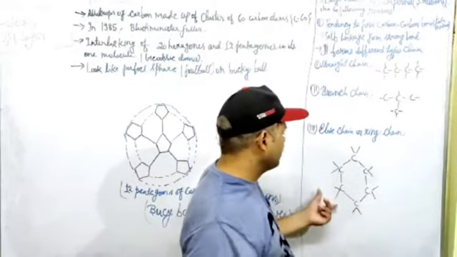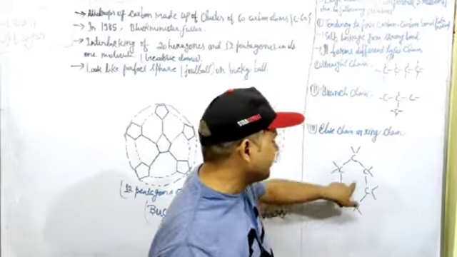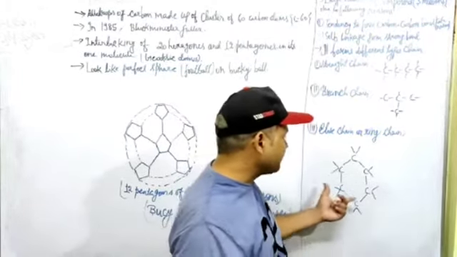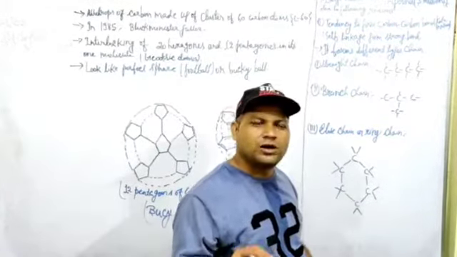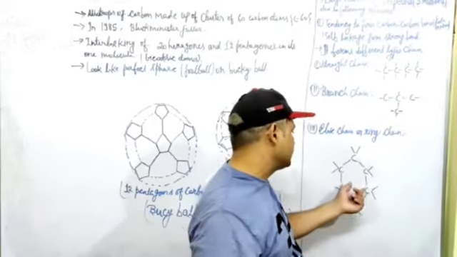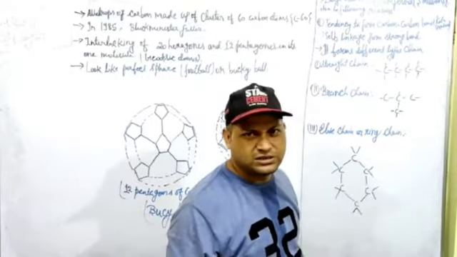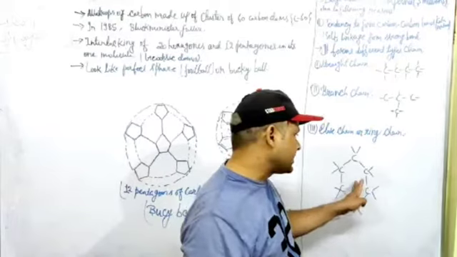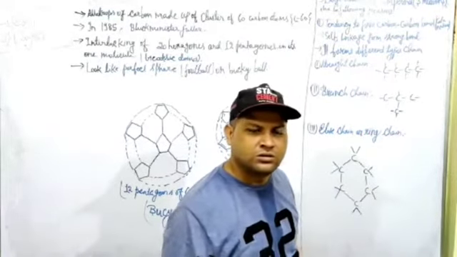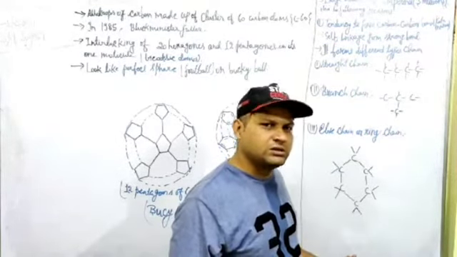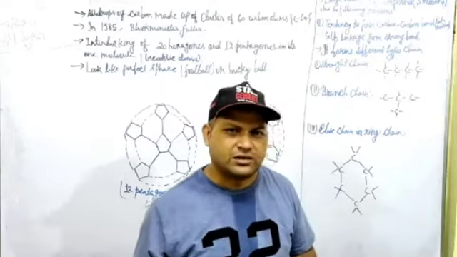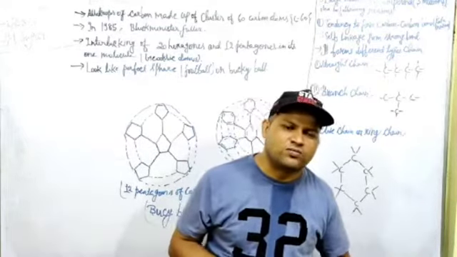And here look, there are 6 carbon atoms. This type of compound is also called a compound of carbon, but it shows different properties because it has a closed chain, due to which we can say that carbon has a large number of compounds.